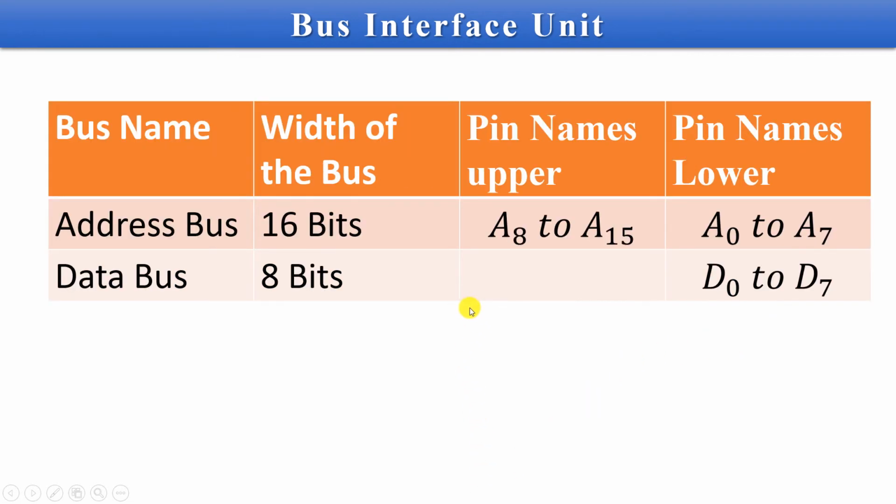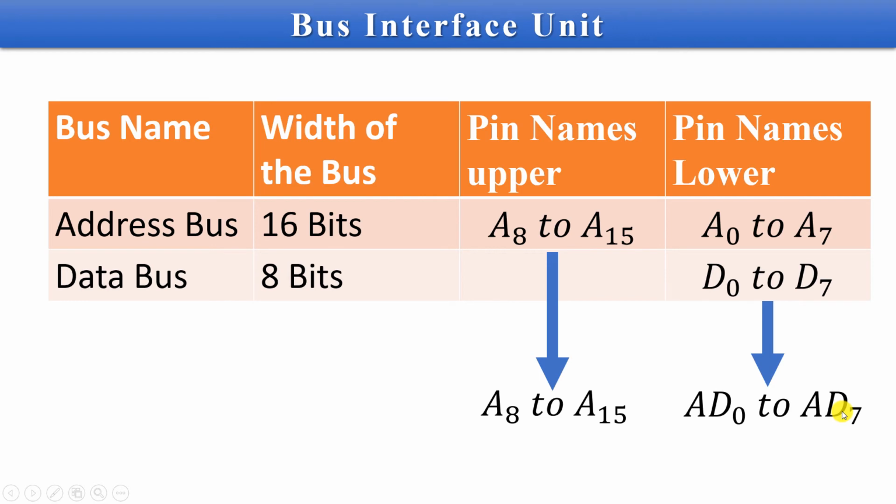They are separated out into two blocks, A8 to A15, that is the upper byte of the address, and A0 to A7, that is the lower byte of the address, and D0 to D7, they are the members of the data bus.